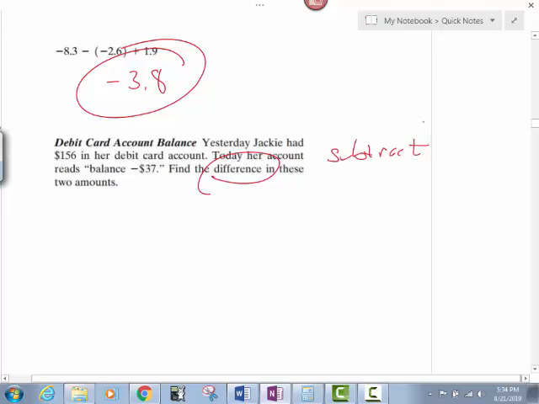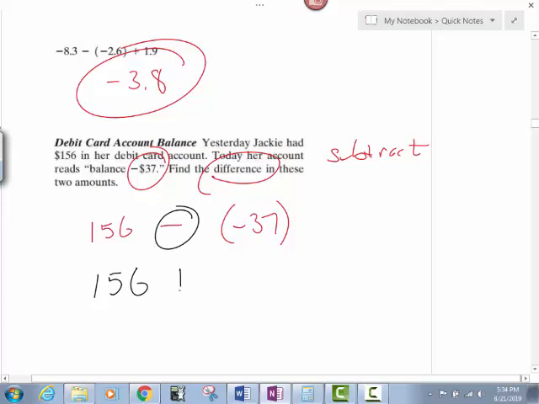So the first number we have is $156. We are now going to subtract because we're finding the difference. Well, the number we're going to subtract is a negative 37. Okay? Well, remember, my first number does not change. We change the subtraction to an addition. We find the opposite of that number.